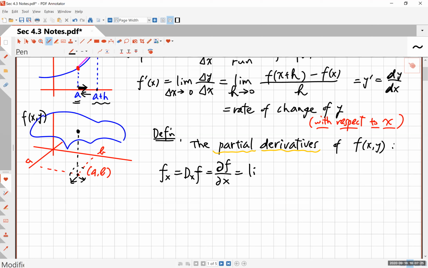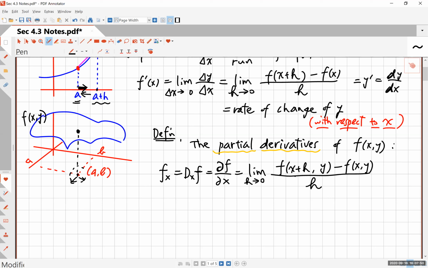And this is the limit as h approaches 0 of... looks familiar so far, right? It's f of x plus h, comma, y, so y doesn't change, but we add h to x in that direction, minus f of x, y, divided by h. So what in the world is that?